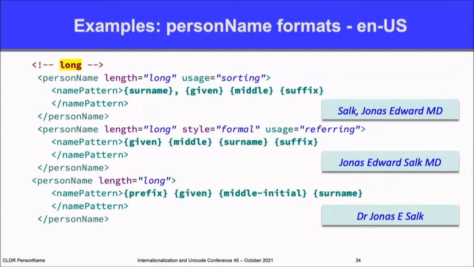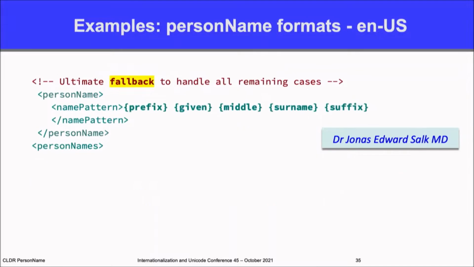But then when addressing the individual, the long form would be like Dr. Jonas E. Salk. And so that way you can have different name formats to address the different attributes. And then with the fallback, if using fully specified attributes, if one of the attributes is missing, it matches all, or it can be a set of attributes.